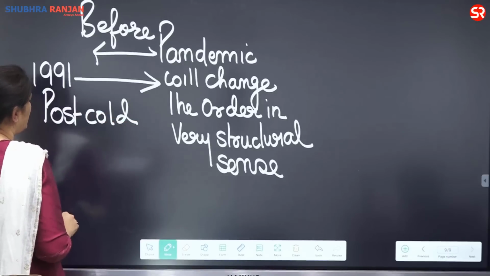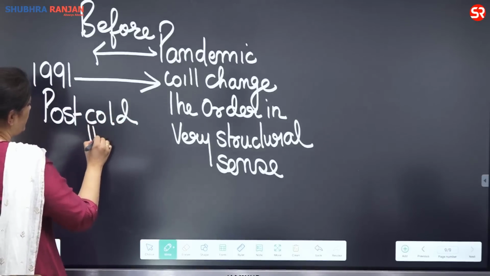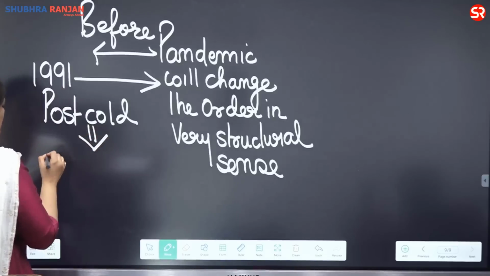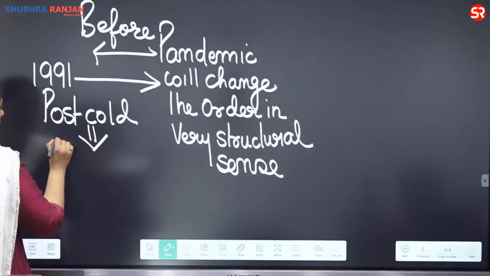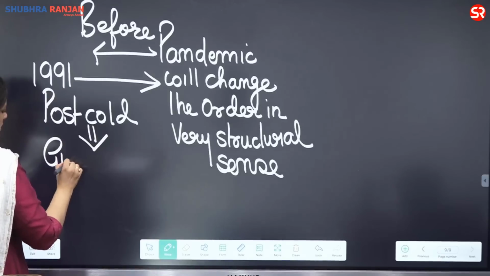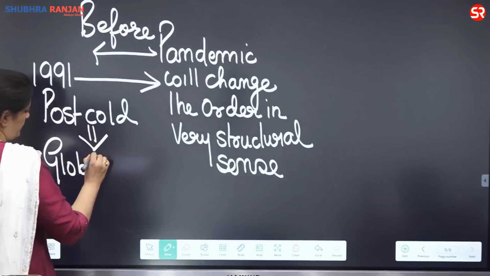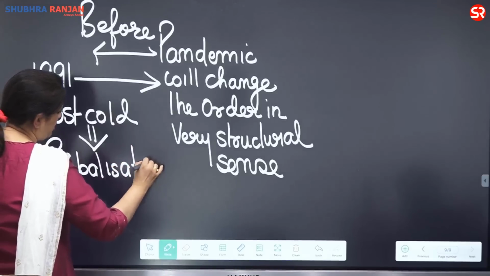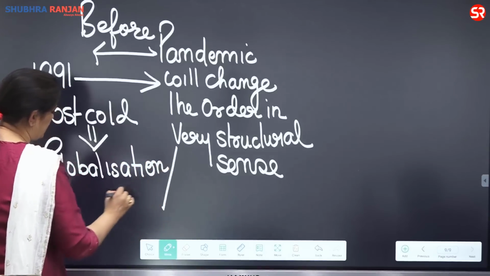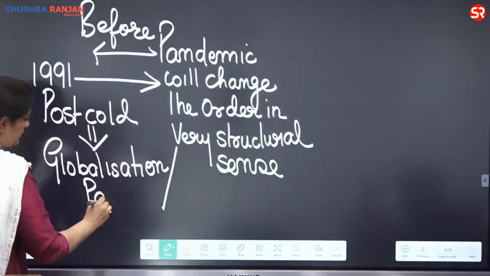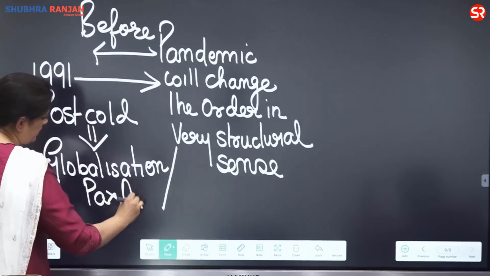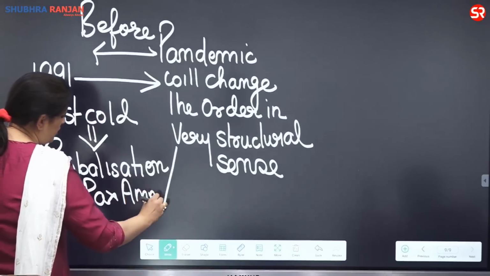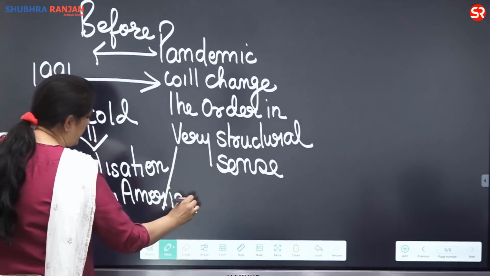And this post-Cold War world order can be described in two ways, either as globalization or as Pax Americana or American hegemony.